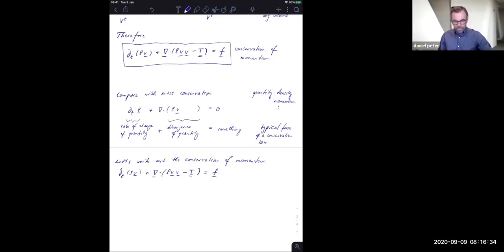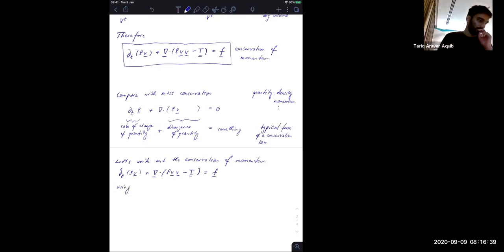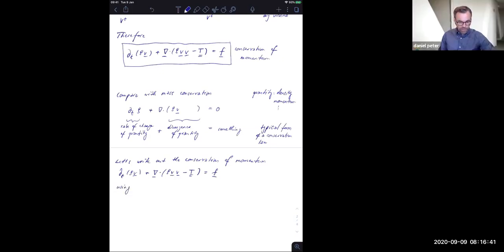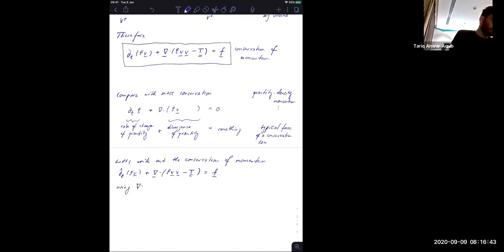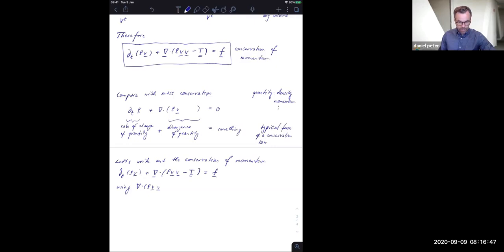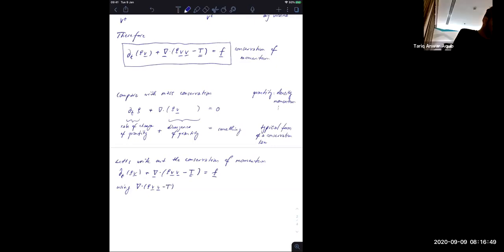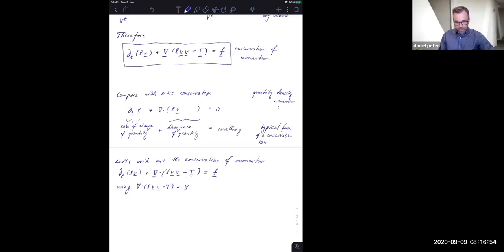So what we use now is to simplify this divergence term. So we can rewrite this part a little bit. And you can try and sit down and figure that out. I just write it down for you here.